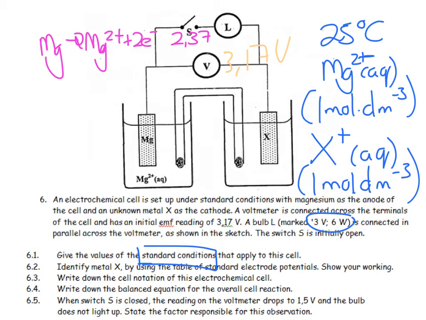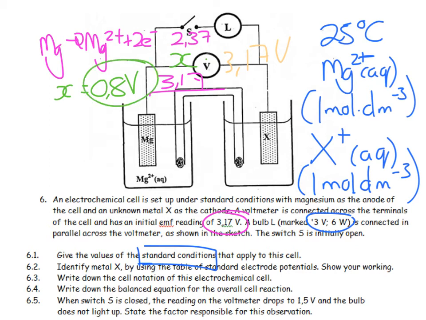Now I have got an answer over here. So I do know that I've got 3,17 as the answer. So what is the X? The X must turn out to be equal to 0,8 volts. Now 0,8 volts belongs to the silver ion. So only metal that has a potential difference of 0,8 volts. So identify it. It's silver.